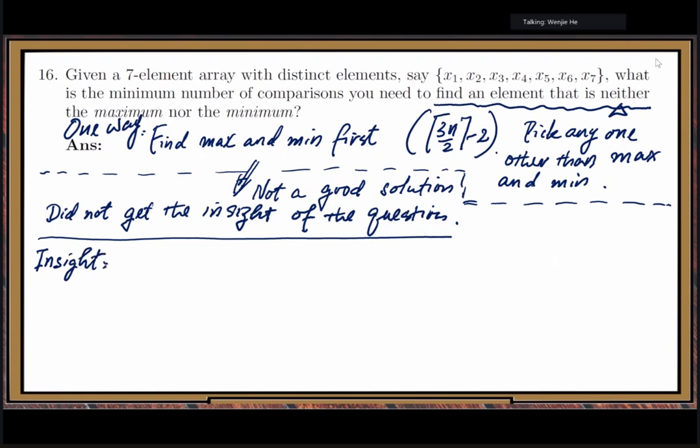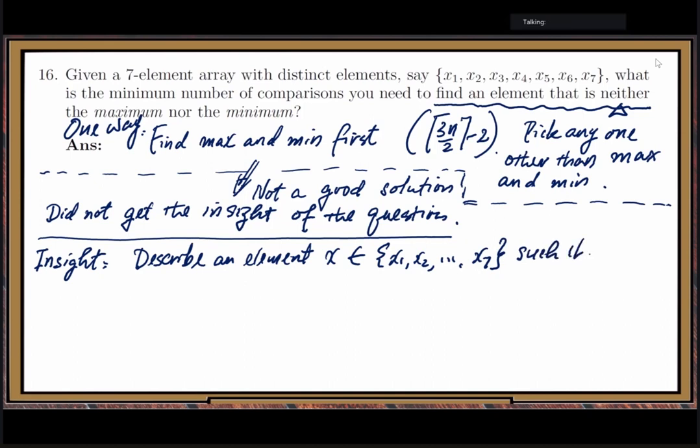Here, we need some element X in the given set such that X is not equal to max and X is not equal to minimum.